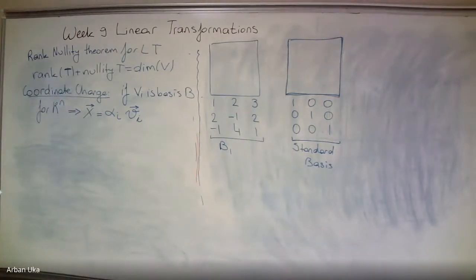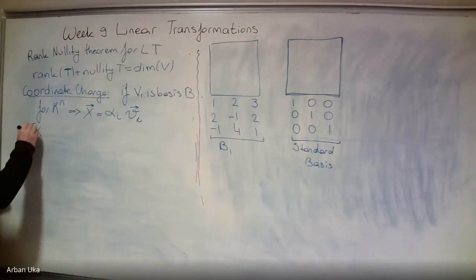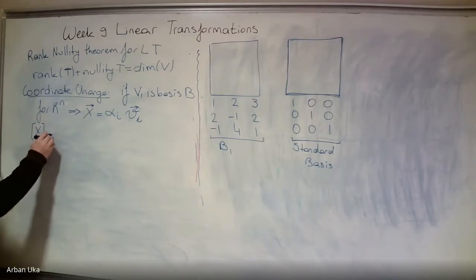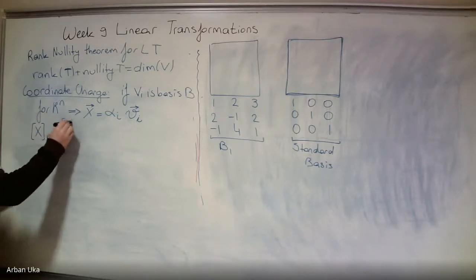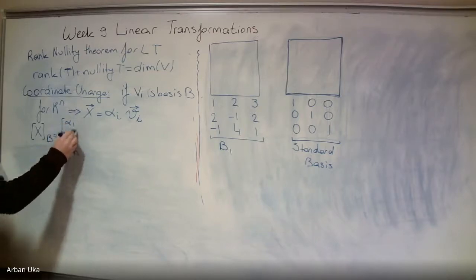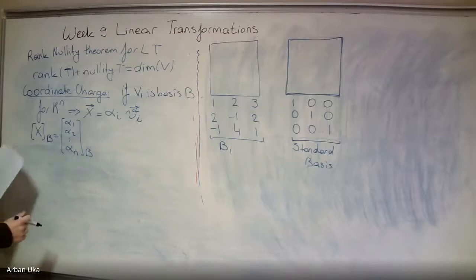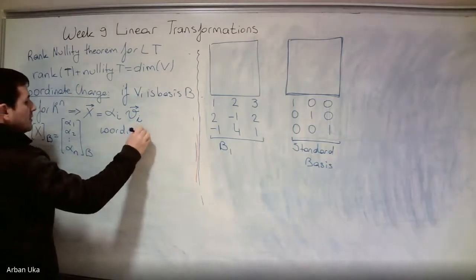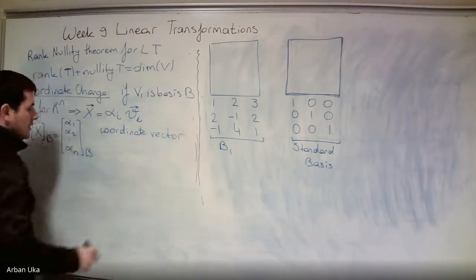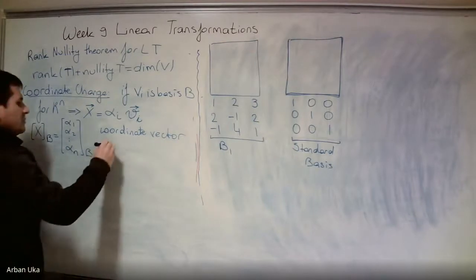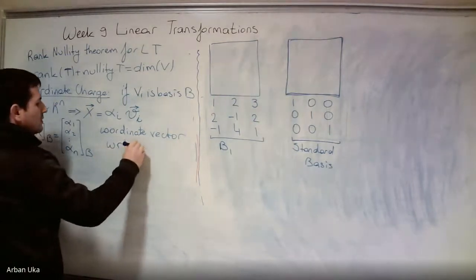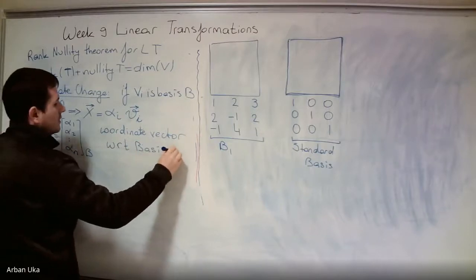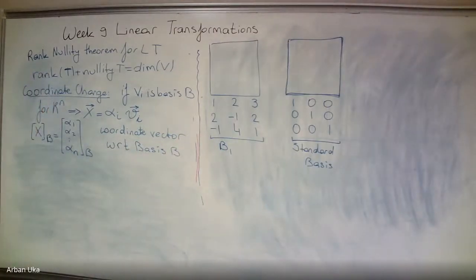And then the coordinates of x according to basis B are equal to alpha 1, alpha 2, alpha n. These are called the coordinate vector, the coordinate vector with respect to basis B. Now, what we are going to often see will be the following.